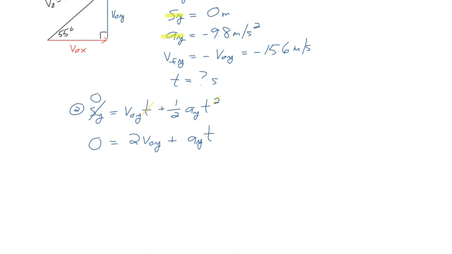If I solve for t, all I have to do is move this term to the other side by subtracting it away, and then divide by Ay. So my step 3 is that t equals minus 2 Voy over Ay.